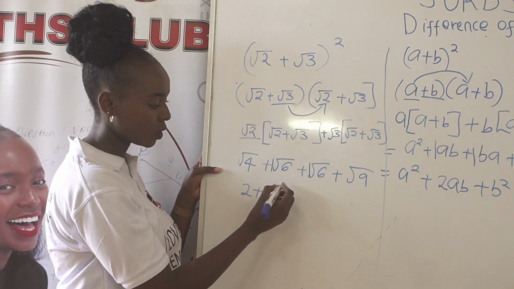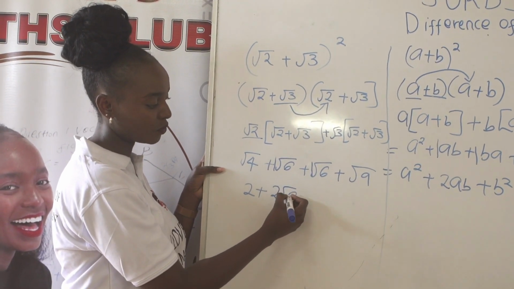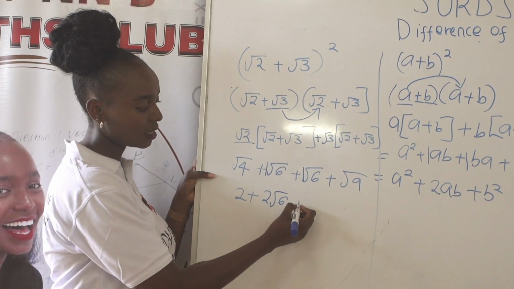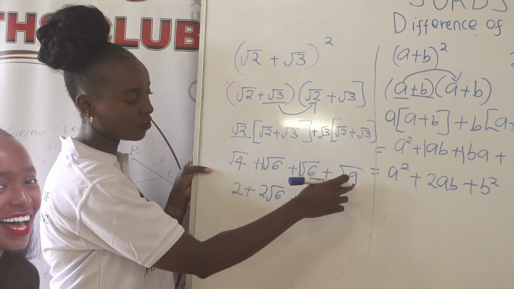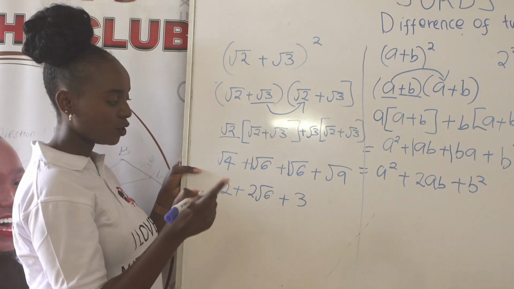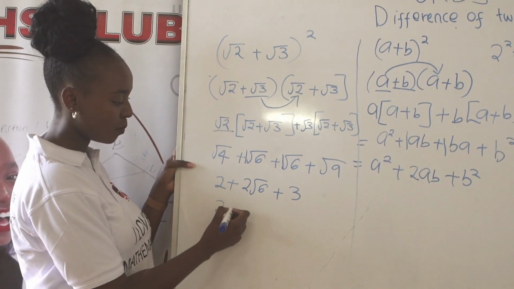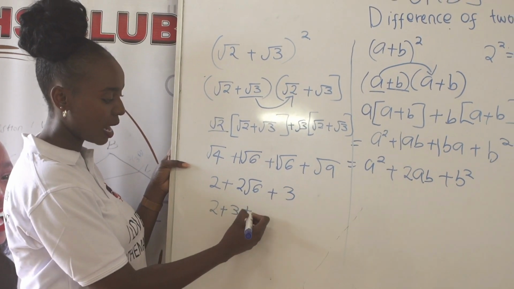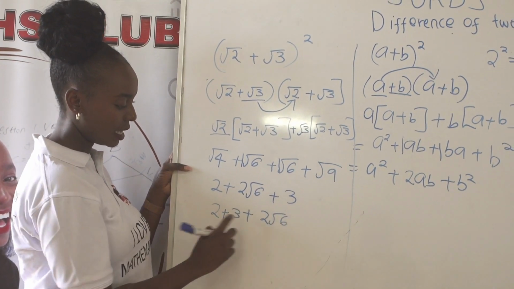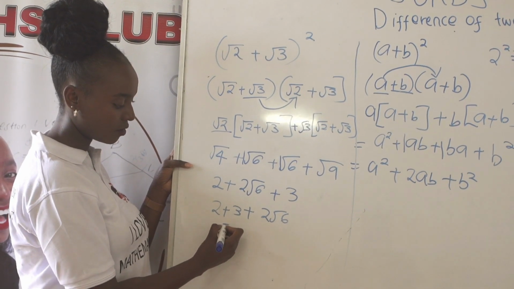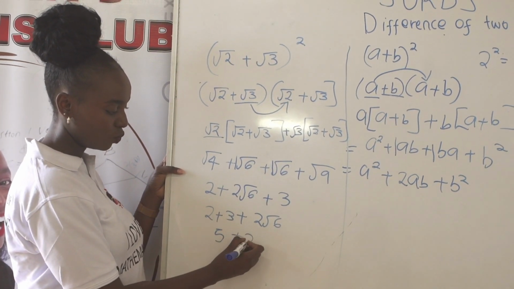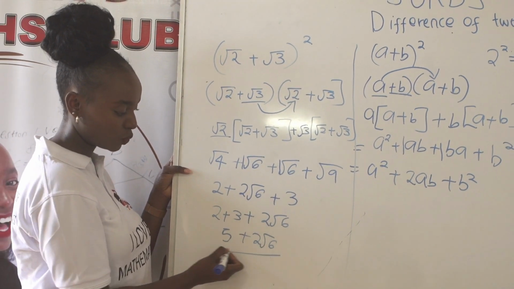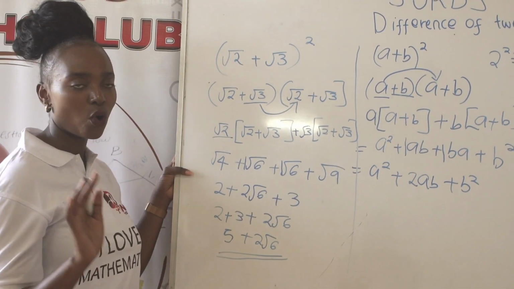So this becomes 1 plus 1, it becomes 2 root 6. Then lastly, we have root 9, which is 3, because the square root of 9 is 3. So then you collect the like terms: 2 plus 3, the whole numbers, plus 2 root 6. This becomes 5 plus 2 root 6. So this becomes your answer.